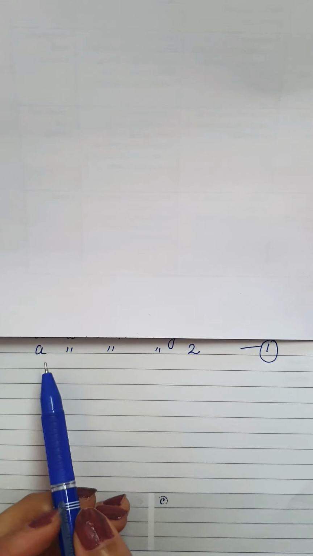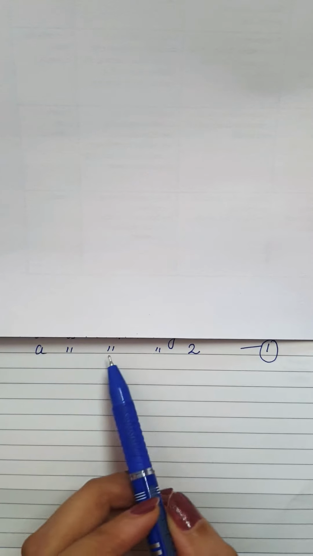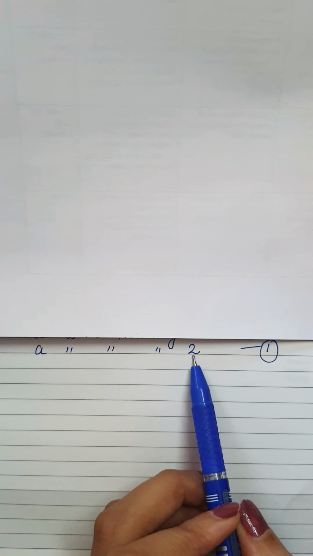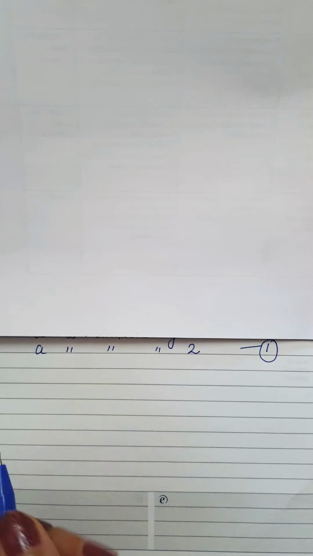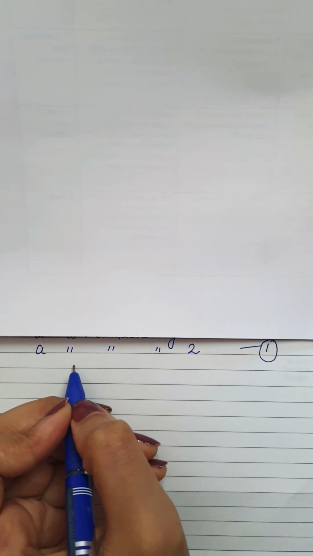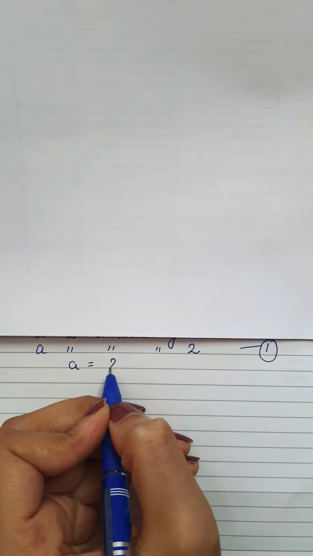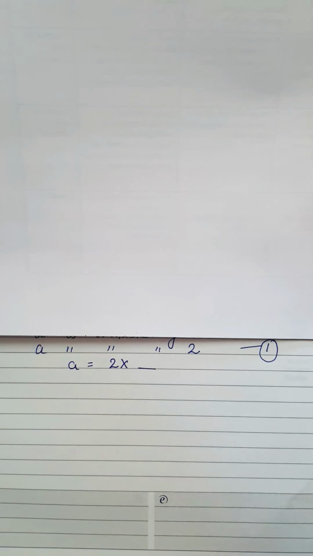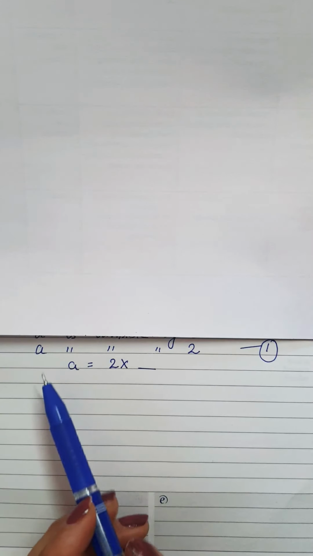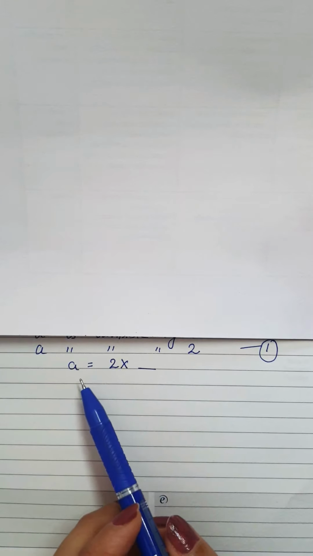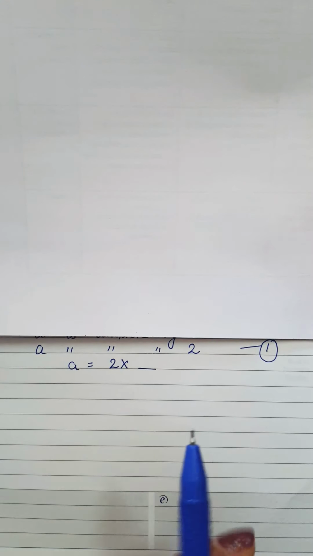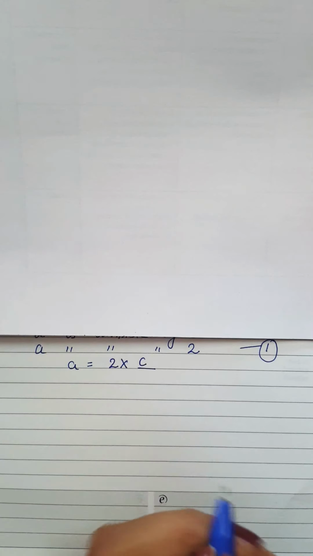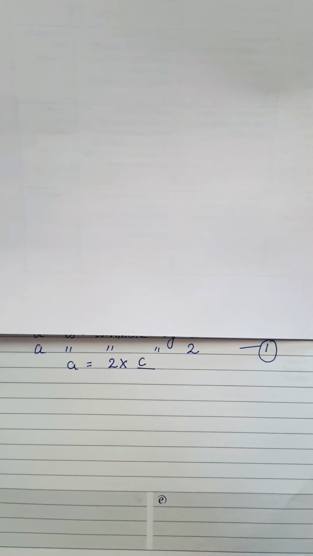Now just see this line. A is divisible by 2. Like I told you, if any number is divisible by some number, that means that particular thing can be expressed as 2 into something, right? A is divisible by 2, that means a can be written as 2 multiplied with some number. Let that number be c, any particular variable we can say.